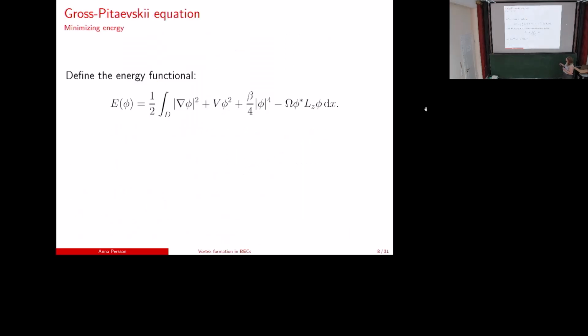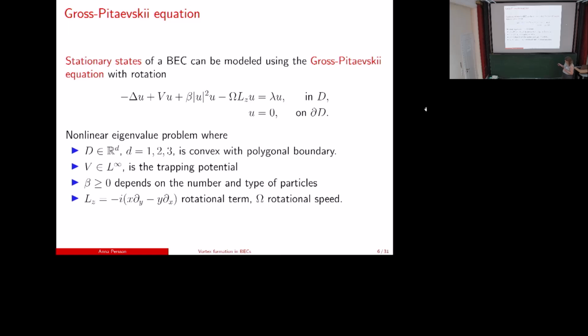Let's go back to the equation. So it's not your classical multiscale problem where you have diffusion coefficients which are rough or highly varying. I mean, the vortices appear from a combination of the trapping potential and the rotational speed. So it's an interplay between these, right? And V here can be smooth, as we have seen.